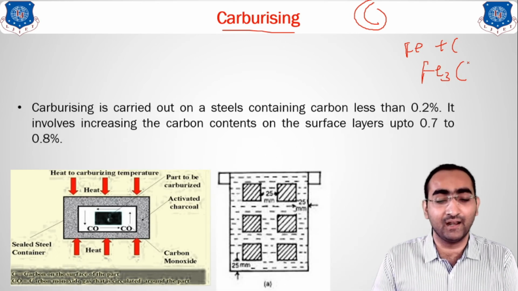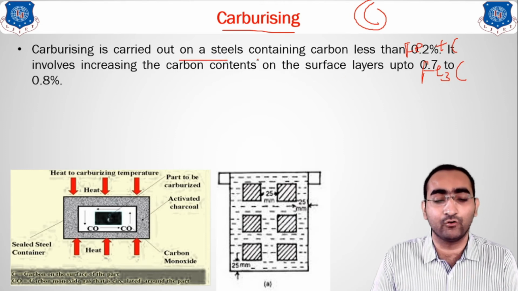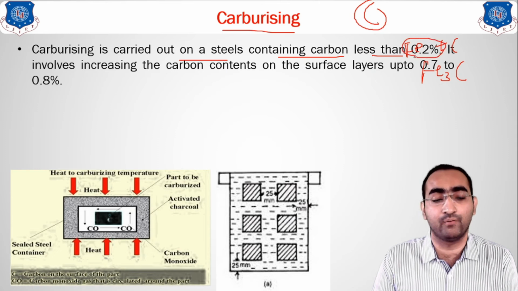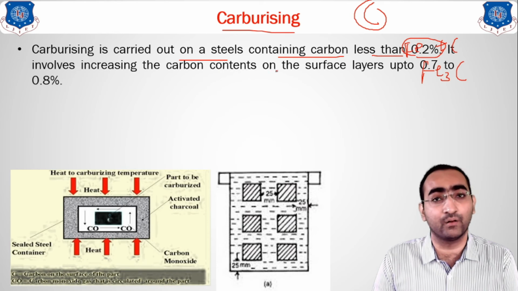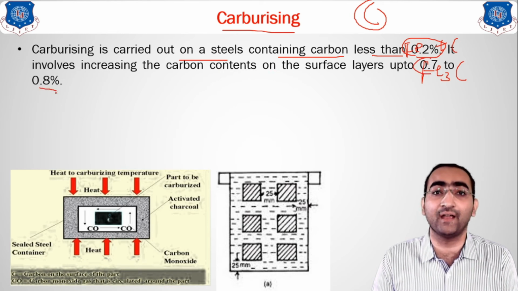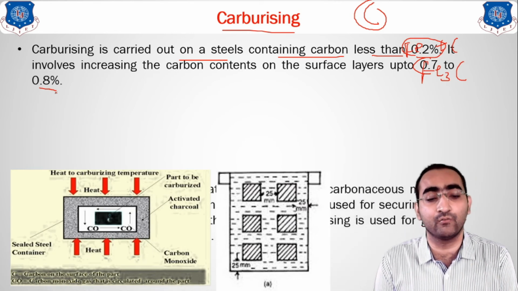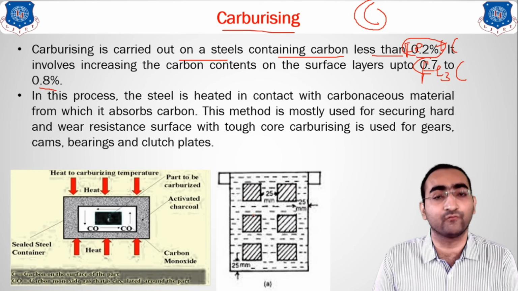Let us discuss how we do this. Carburizing is carried out on steel containing carbon less than 0.2 percent. Here we increase the carbon content from 0.2 to 0.7 to 0.8 percent. How do we do it? First of all, take a specimen and place it in this way.